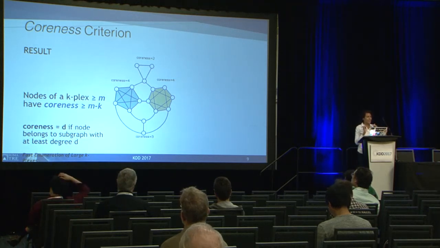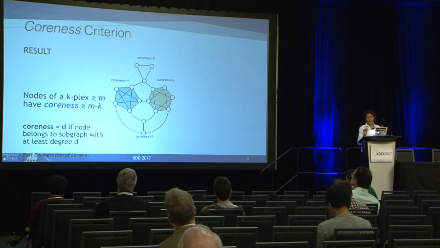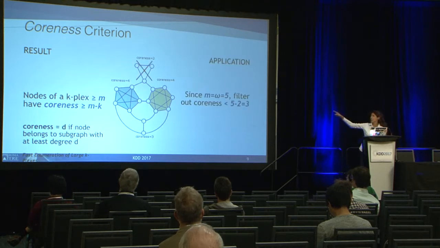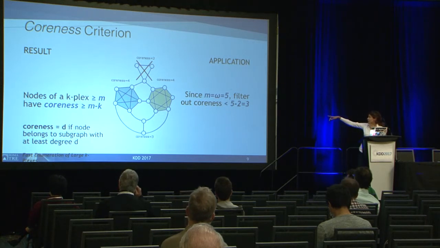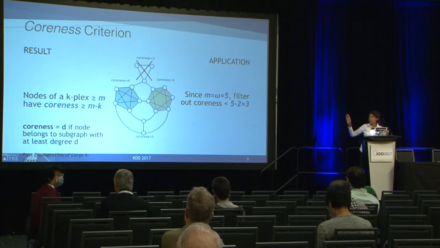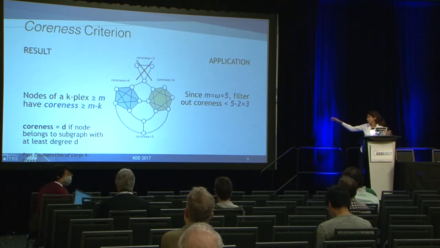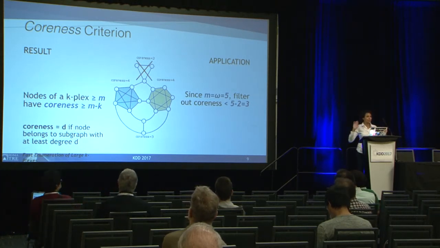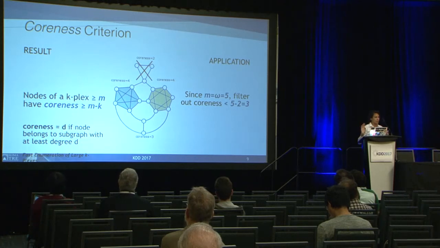So we can safely ignore all the nodes that have coreness smaller than that. And it turns out that in this particular graph, all the nodes above marked with the red cross have coreness smaller than 3.